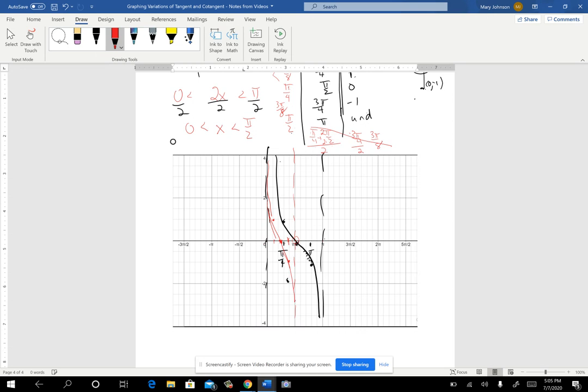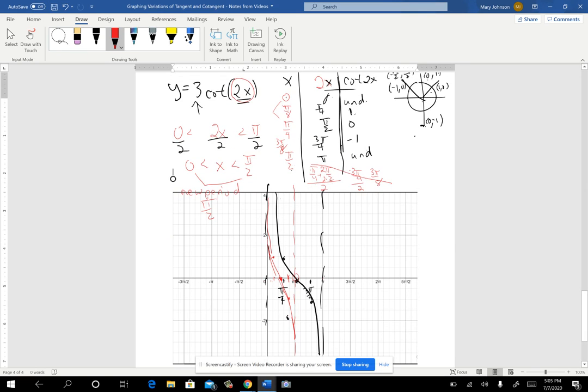So everything happened in a period that was just pi over 2. That's the new period, pi over 2. The 0 would be the starting point, and the pi over 2 the ending point, and then you can get halfway, and then halfway between that and the others. Then this would get repeated. So what you would have is another asymptote.